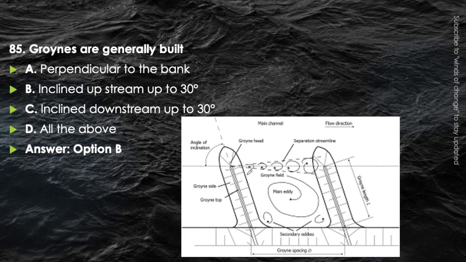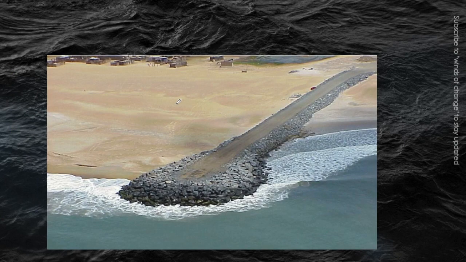The angle between these will be 30 degree, and it will be inclined upstream. The actual picture of the groin you can find here. You can watch it and visualize how a groin can look.